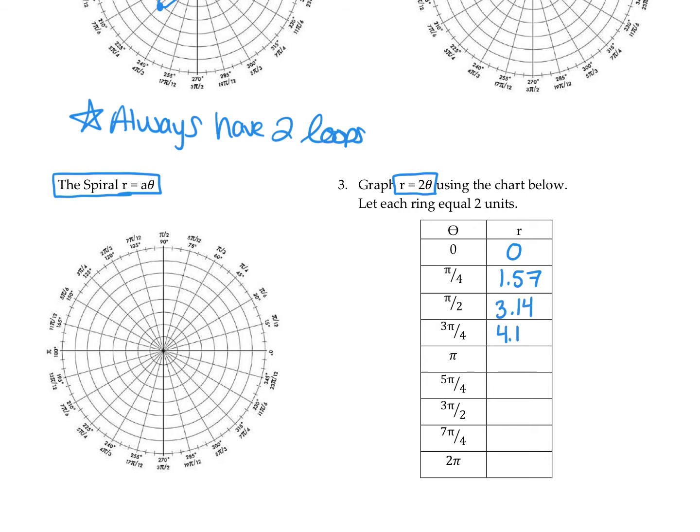And then 4.71, 6.28, and then 7.85, 9.42, 11, and 12.56. So unfortunately, I'm only going to be able to fit up to here on my graph, but we'll kind of get an idea of what my spiral looks like.